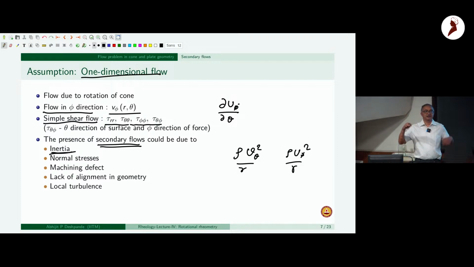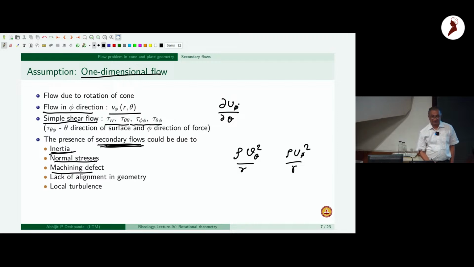Once radial flow starts, because it's contained due to surface tension at the end, it will also start a theta motion. So that's why you can have secondary flows which are caused due to inertia. This is something we discussed, right? That normal stresses could lead to flows, and if that happens, then again it will lead to problems in terms of how our analysis goes.